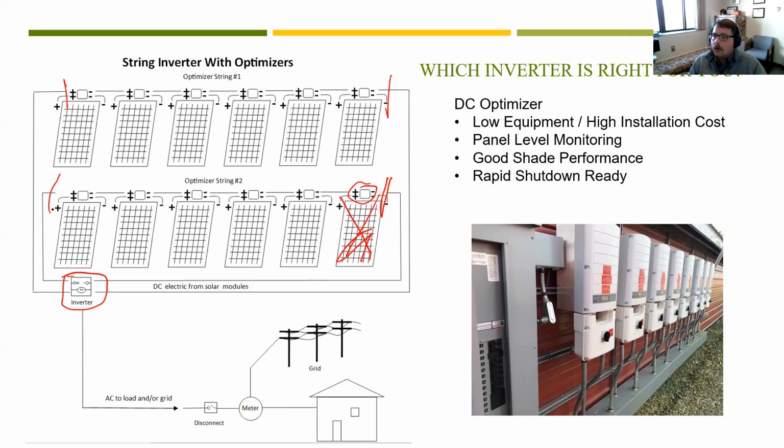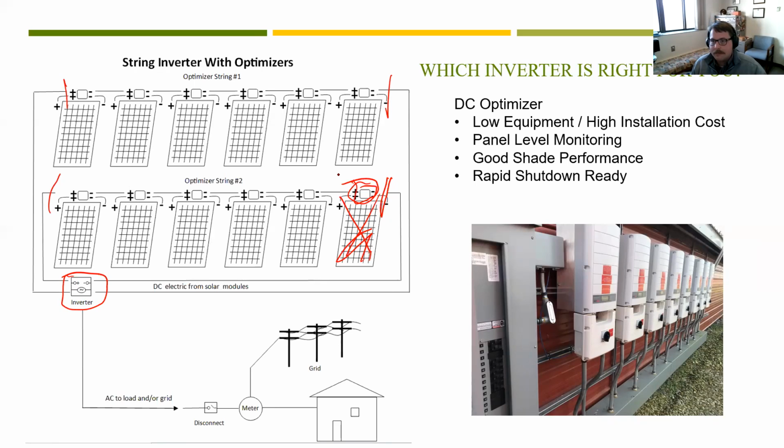They have fairly low equipment costs, but they are higher in installation costs because I have to install both sets. I have to install the optimizer, which is like a microinverter, and a string inverter as well. But they can work out pretty well, and they are moderately common. Only one company sells them, but that company has had pretty good success selling those.